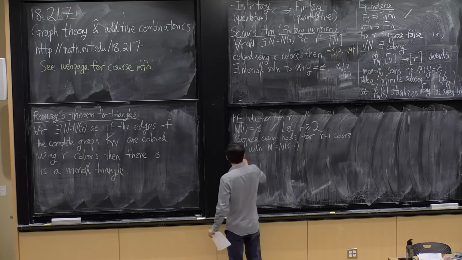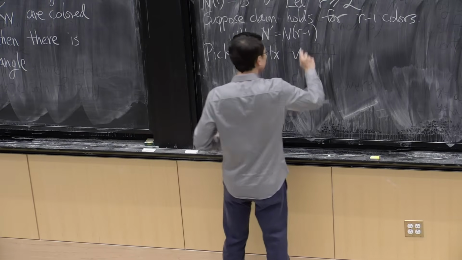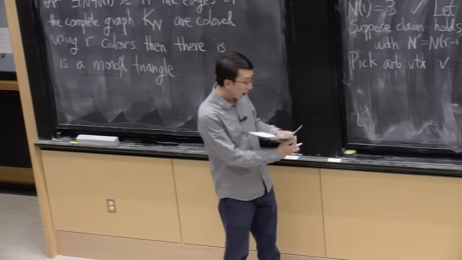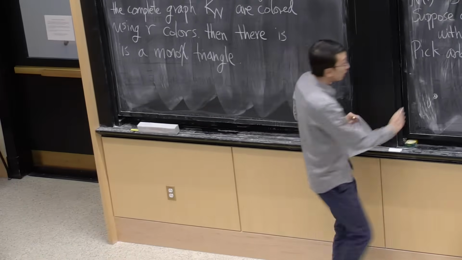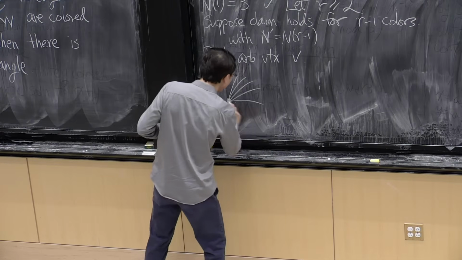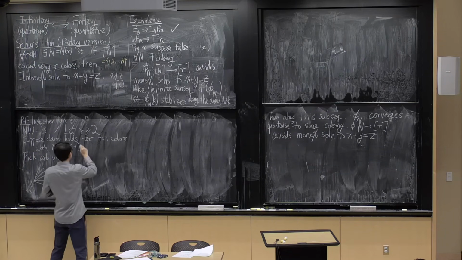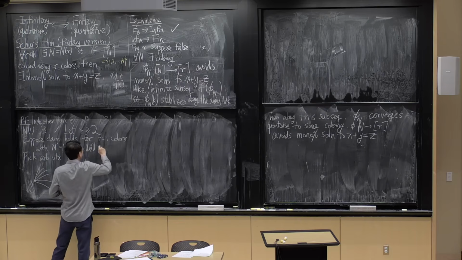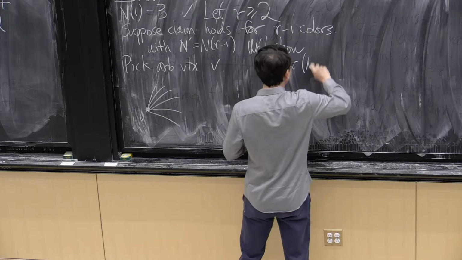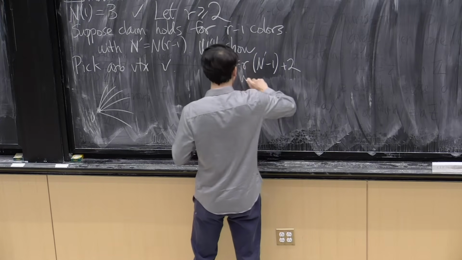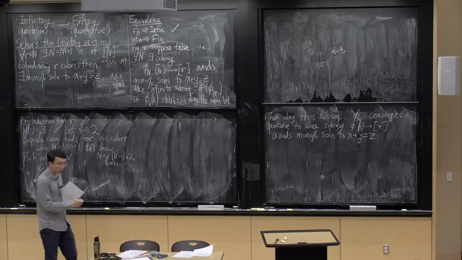So now let me pick an arbitrary vertex. Okay, so pick an arbitrary vertex V, and look what happens. Okay, so here's V. And let me look at the outgoing edges. So we'll show that n being R times (M prime minus 1) plus 2 works. So now we have a lot of outgoing edges.